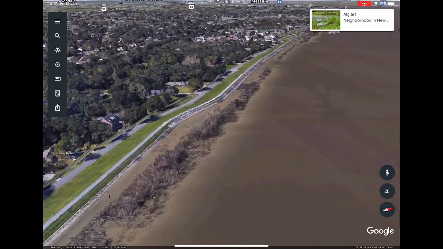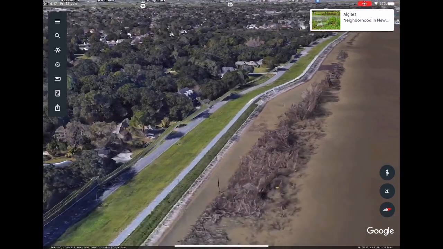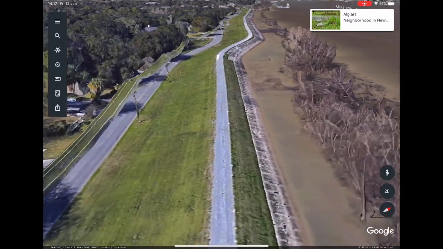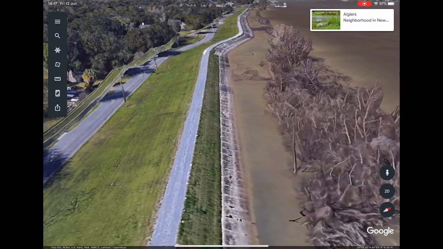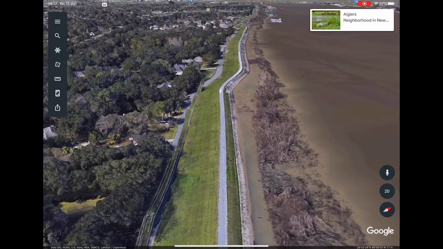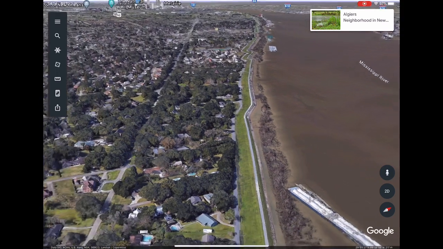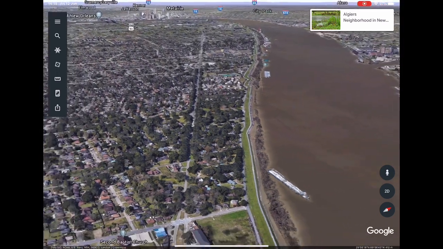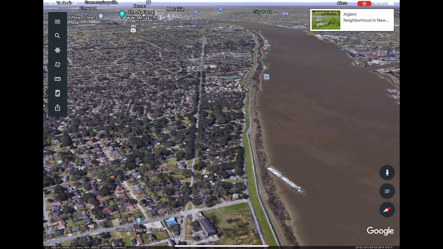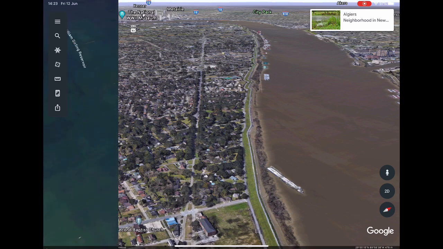It's called the Algiers levee, and as you can see, it's raised, and that means the capacity of the Mississippi is increased because it can fill up to a higher level because it's got this raised bank. And as you can see behind, there's been lots of development behind it. All of this whole community is protected by that levee.